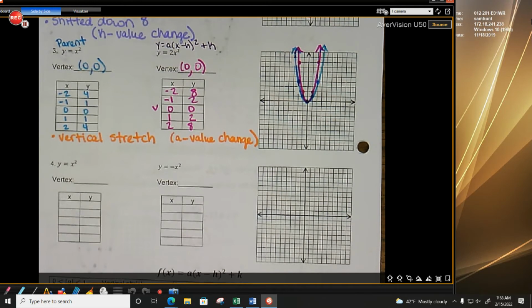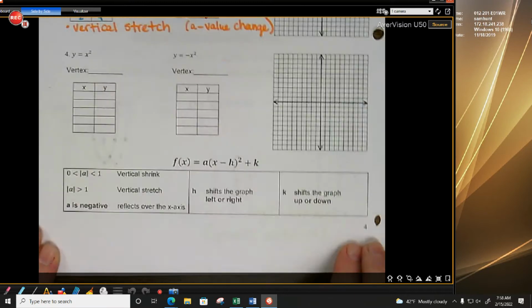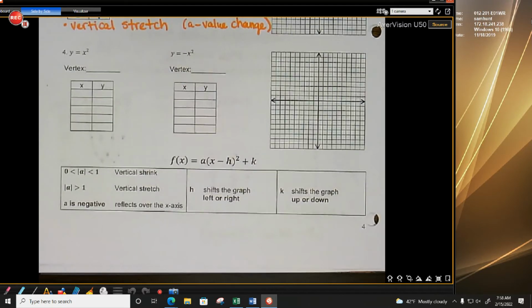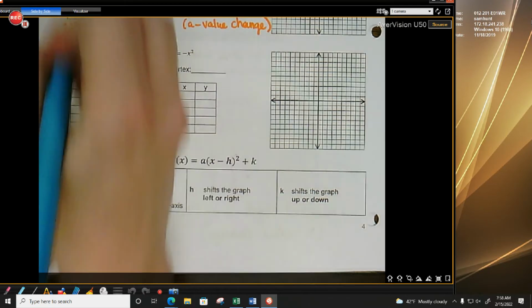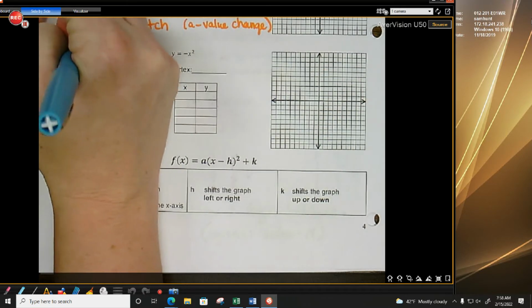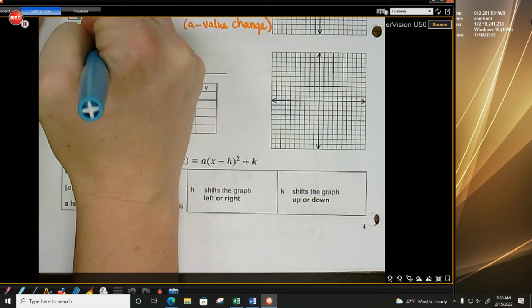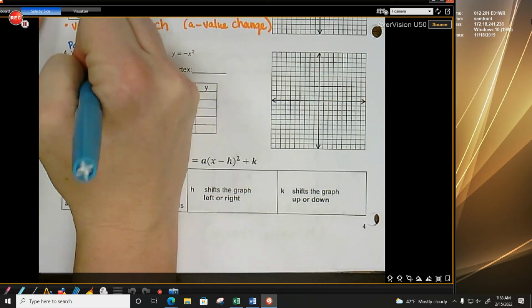Last one, guys, of these. Then we're going to put all this knowledge to use. Oh, wow. What are we starting with on number 4? Which is your parent function. Good job. So my vertex is at 0, 0.